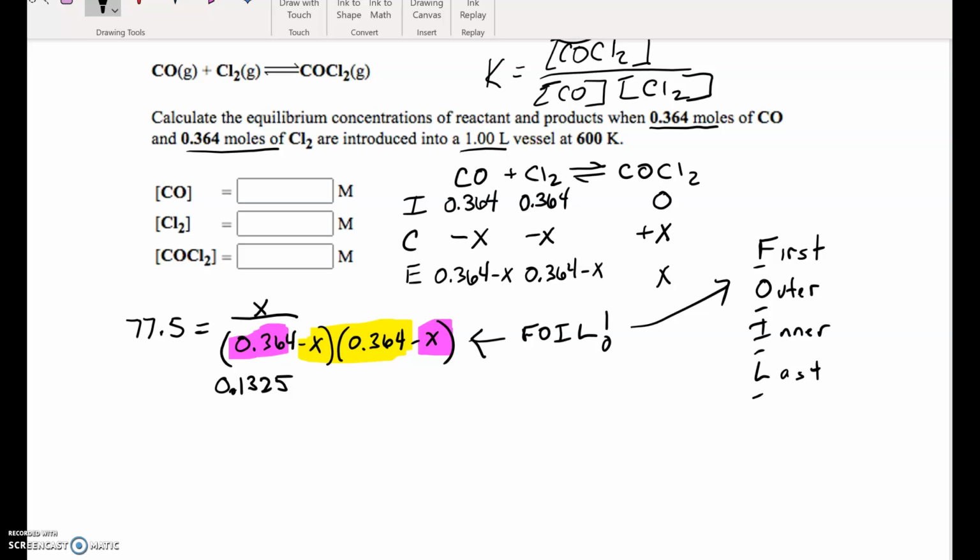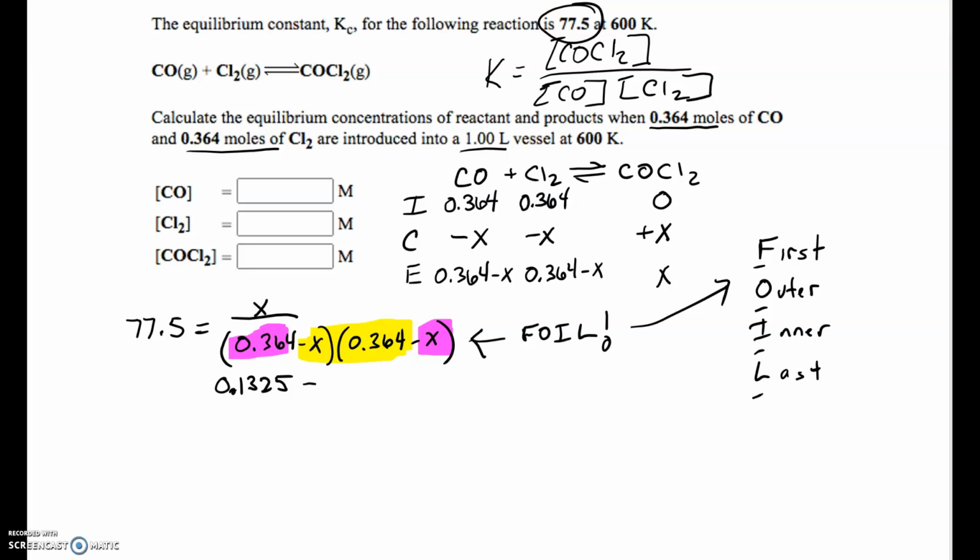So that's 0.364 times a negative x, or minus 0.364x. That's the outer. The inners are in yellow. So that's 0.364 times a negative x, minus 0.364x.